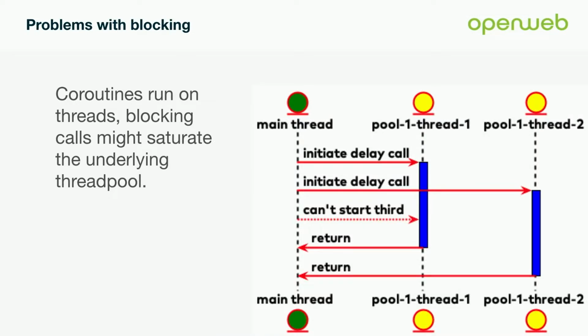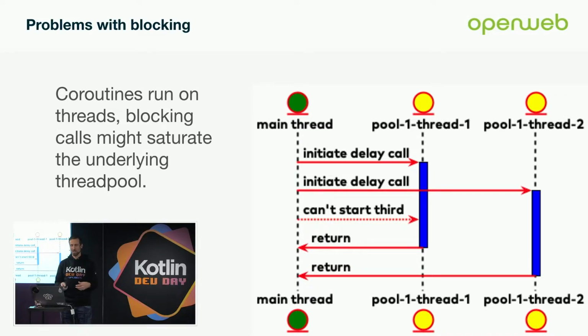The problem with blocking is, of course, that once the thread is busy, it can't do anything else. So, for example, even if you use thread sleep, it can also not do anything else. So if you do blocking with coroutines, you might saturate the underlying thread pool. For example, here is an example of a call that blocks for a certain amount of time before it returns. And if the coroutine context you're using has 2 backing threads, then once you want to start a third, you first have to wait till one of the other ones is finished.